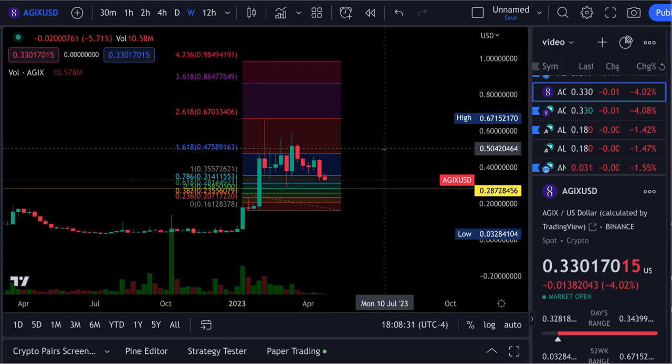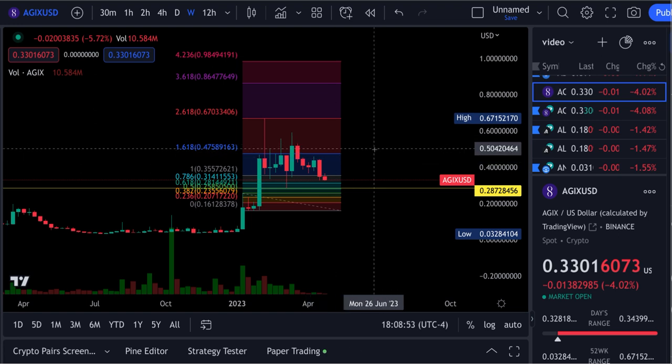All we can do is look at what is playing out with this chart and give it our best estimate of what's going to happen. Nothing is a guarantee. If it was that easy, then everybody would be rich in this market. It's not that easy. You've got to look at the signs that it's giving you and give it your best guess.